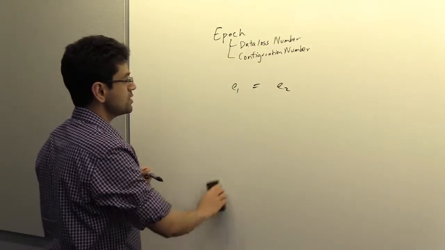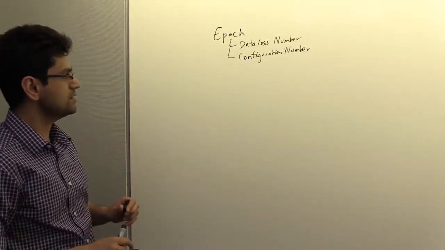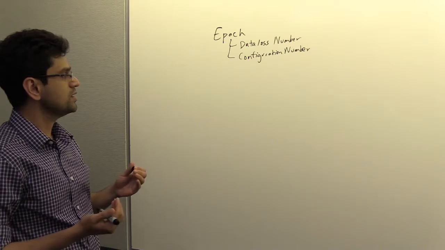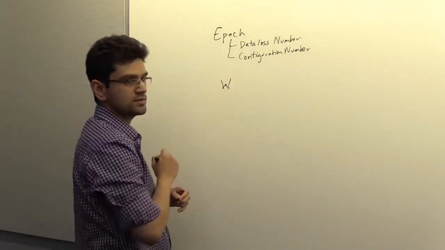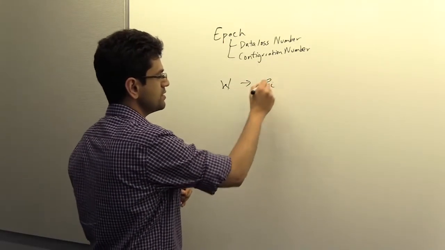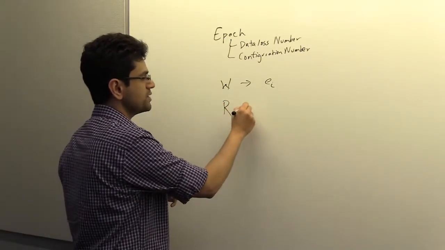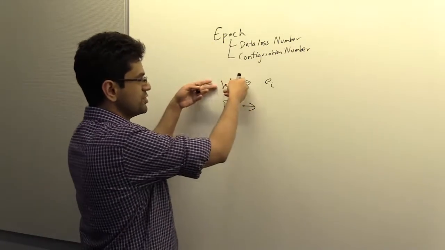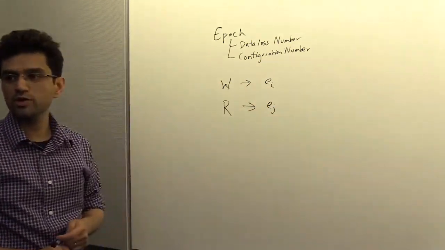Okay, so now if we actually think of this a little more, let's say that you are performing a write W, and this is handled by a primary in epoch EI, right? And let's say you come and perform a read after you've performed this write, and this is handled by the primary of epoch EJ.